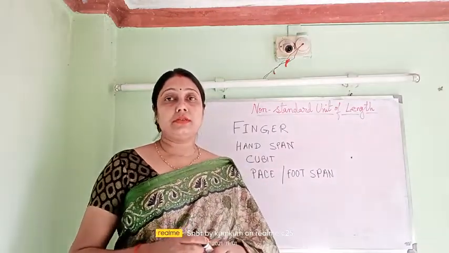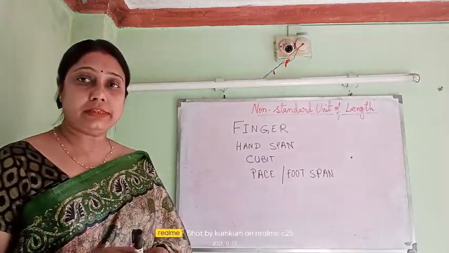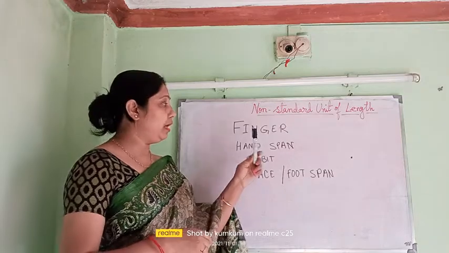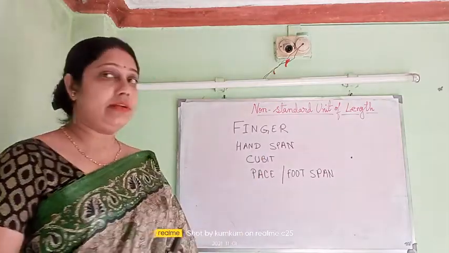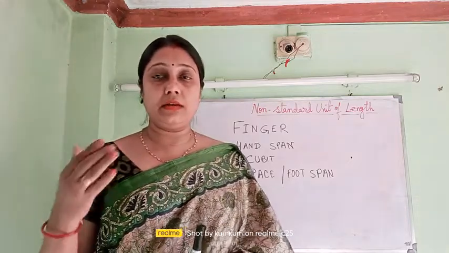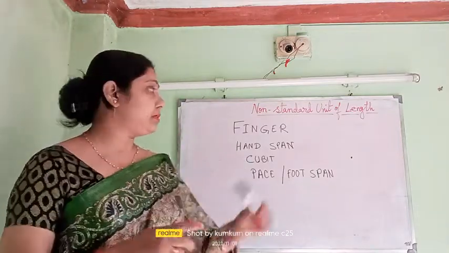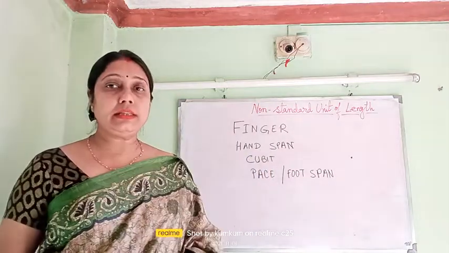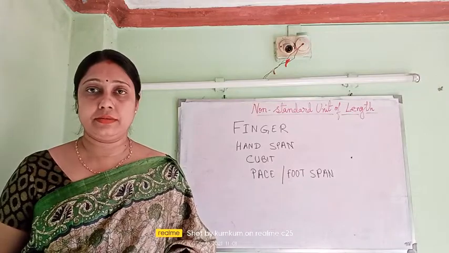Small things, even till now, we can measure with the help of our finger. Things a little bigger than the smallest, like chalk, we can measure by finger. Bigger than them, we can measure by our hand span.